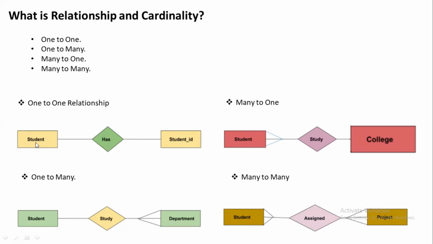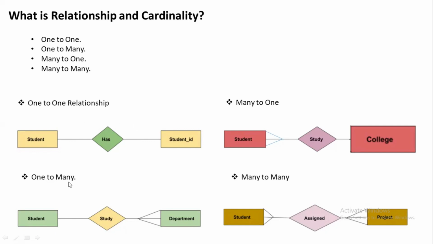So each student has only one SID and each student ID is assigned to one person, so it is a one-to-one relationship. It is represented by a single solid line, and we can put one here and one here. We can represent it another way in the one-to-one relationship.